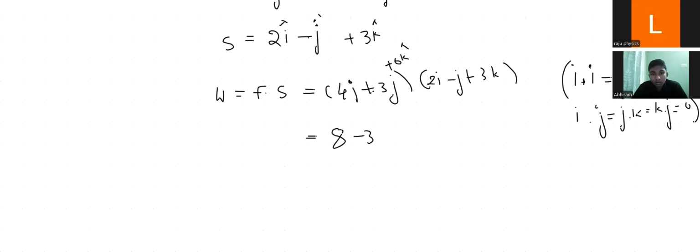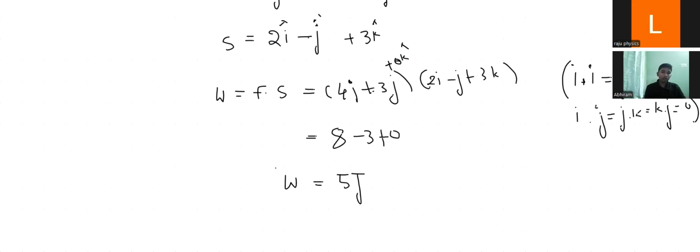Why? Because the force does not have a k component, so I'm writing 0k. So 0 into 3 is 0. Now it is 8 minus 3, 5 joules. This is the work.